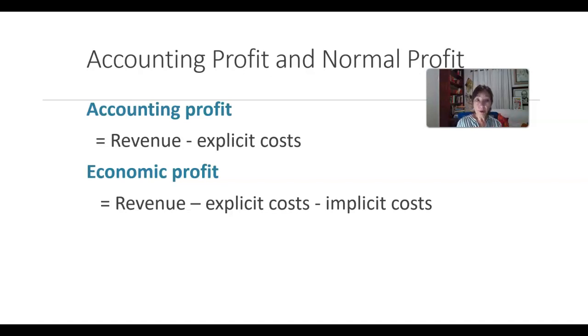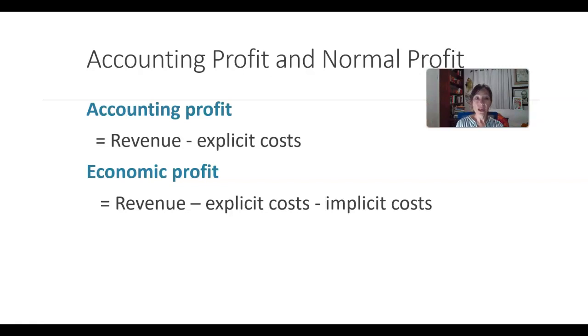Now, economic profit is different. Economic profit equals revenue, price times quantity, minus explicit costs, things that you're paying cash for, minus something called implicit cost. Okay, so implicit cost refers to implied costs, costs that are being incurred but can't necessarily be tracked in terms of dollars. Okay, what kind of costs could those be?